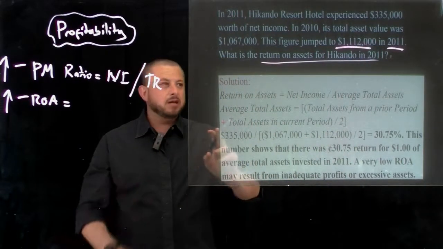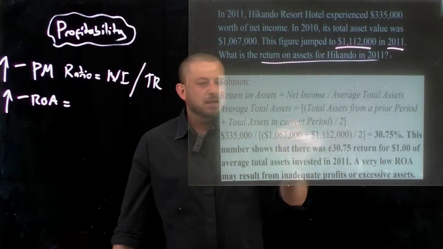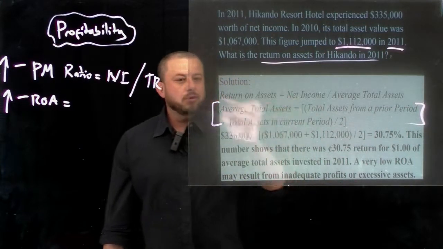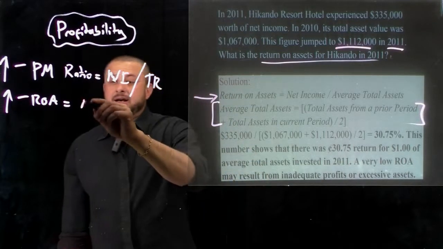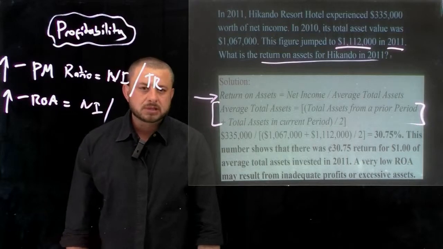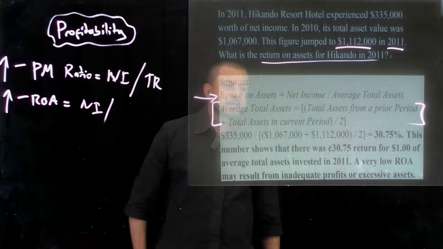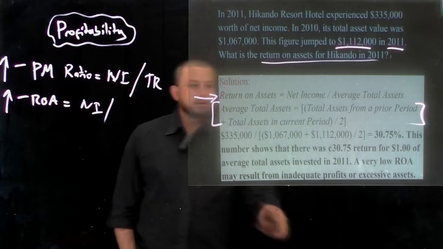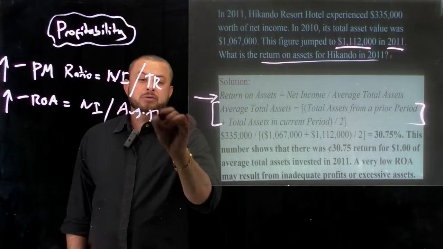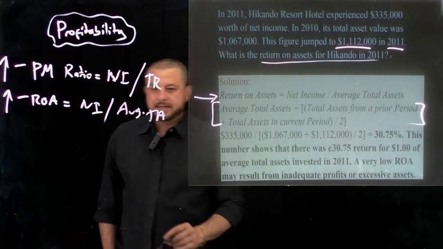Guys, we have two different values in terms of asset values, meaning we have to take the average of the total assets right here. Therefore the main equation becomes NI, net income. By the way, net income is a great measure for profitability. NI, net income, is over average total assets. You can put it over here, average total assets, average TA is the equation.